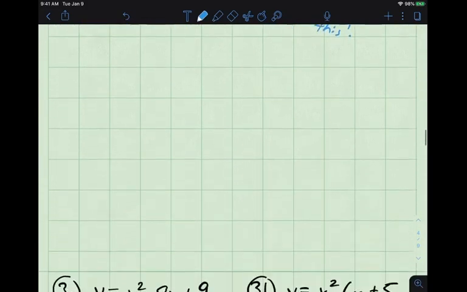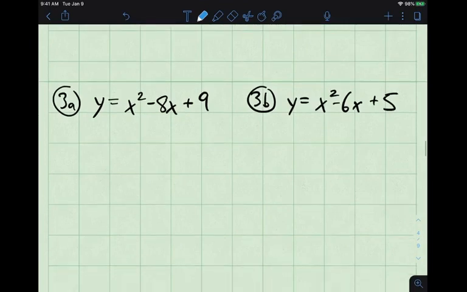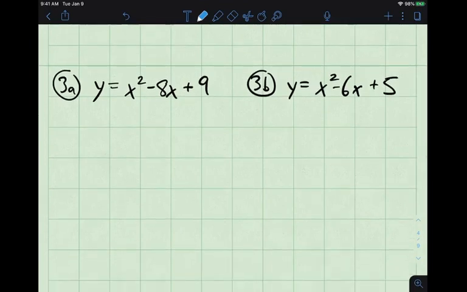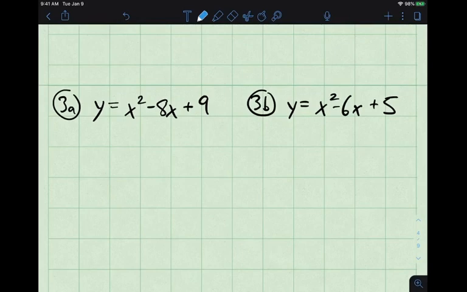So the second part, when we start graphing, we'll see some more insights. 3a and 3b. For these problems, I think they end up being, no, they are factorable.